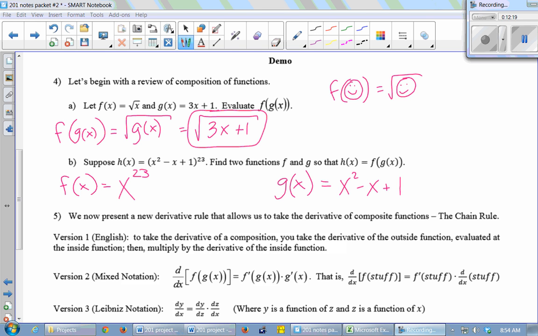Like decomposing. Does that make sense? If I take this formula for g of x and use it to replace the x in the f formula, I would get h of x. So that's just a little review of composition of functions.